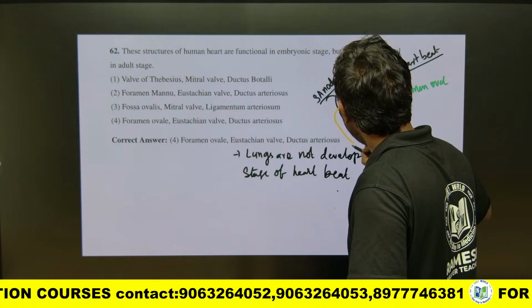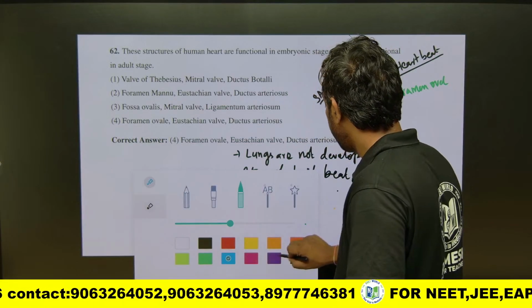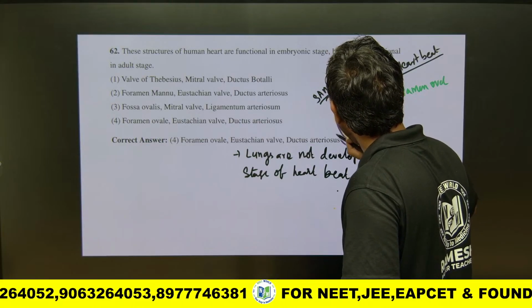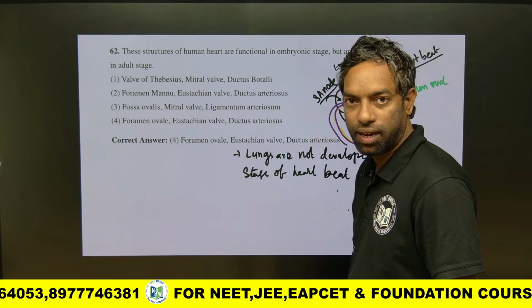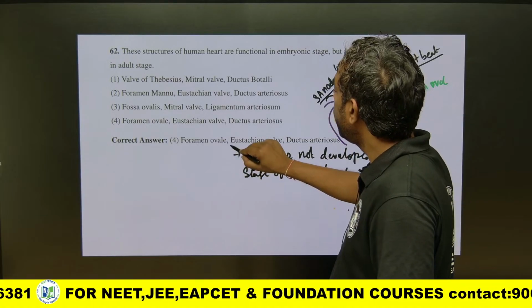The blood vessel carries oxygen from the mother into the right atrium, and there is a valve there, the Eustachian valve.